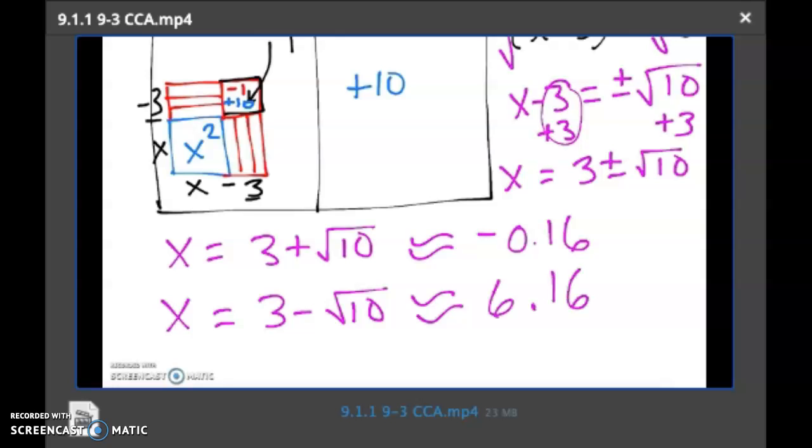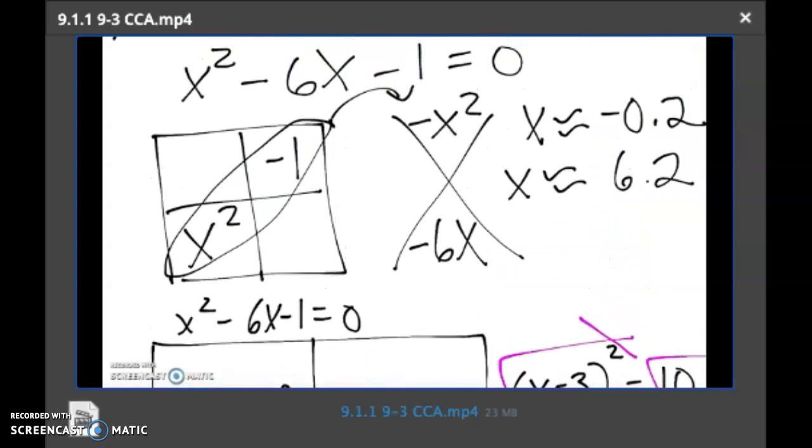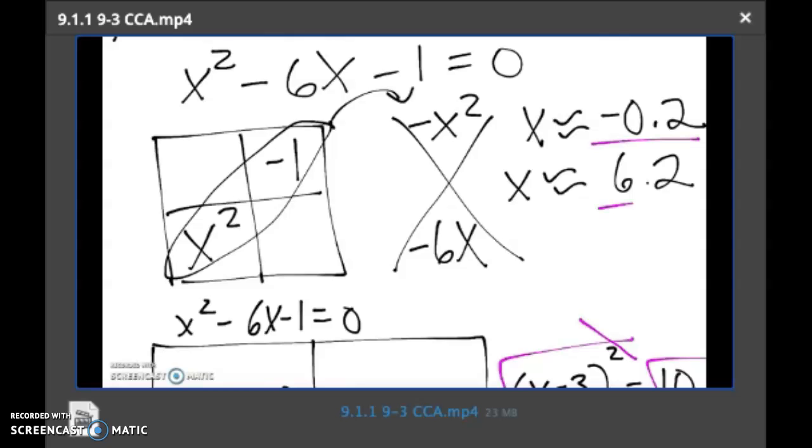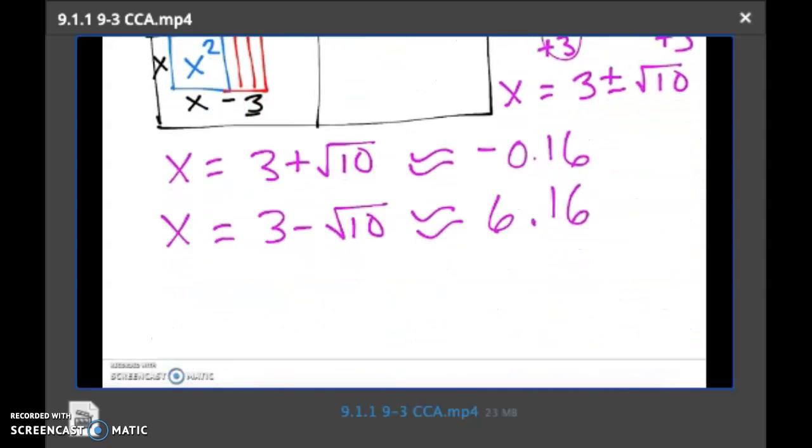Okay, and if you remember, if we go back up and look at what we got when we found our roots on the graph, when we rounded, those are those approximate answers that we got. When we leave our answer written with the radical, these are our exact answers.